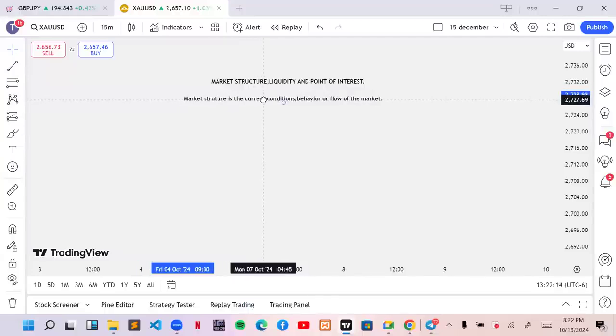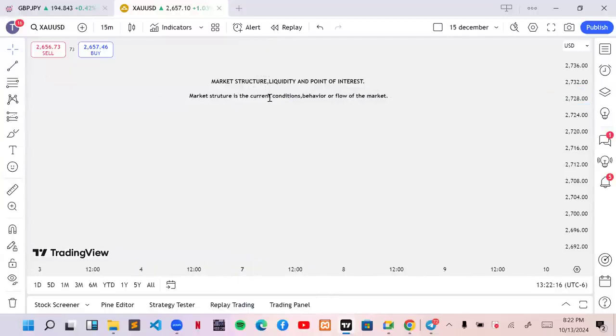Now, there are two types of market movement. There's the trending market and then there's the ranging market. In the trending market, that's when we have uptrends and downtrends.